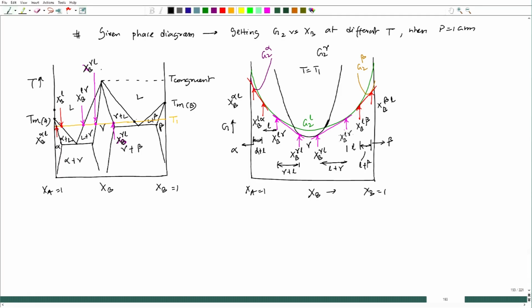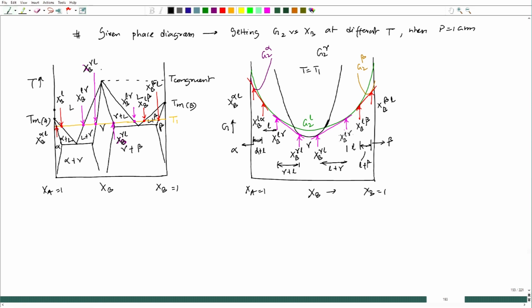Then comes this point, which is X_B liquid in equilibrium with gamma. Then two more points, one point is this, another point is this. So, this is X_B of liquid in equilibrium with beta, and this is X_B beta in equilibrium with liquid. I could see all 8 points are reflected as per the equilibrium consideration in the free energy composition diagram.